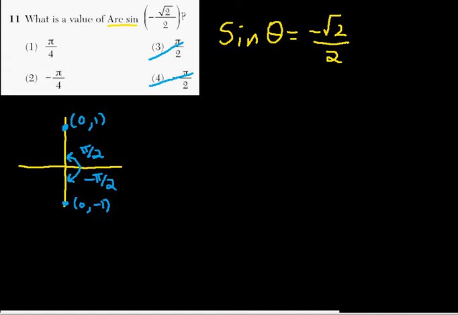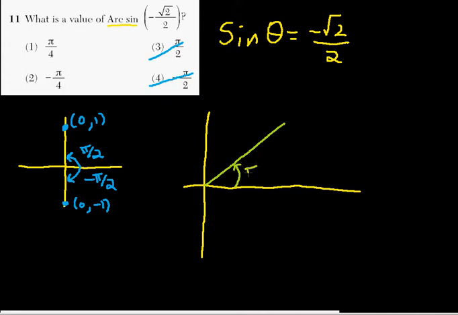All right, let's go through and show that it actually is one of those two. So we'll draw, this time, just these axes here. And if we do pi over 4, okay, pi over 4 is 45 degrees. Now we know sine is y over r, right? So let's make the radius here 2.